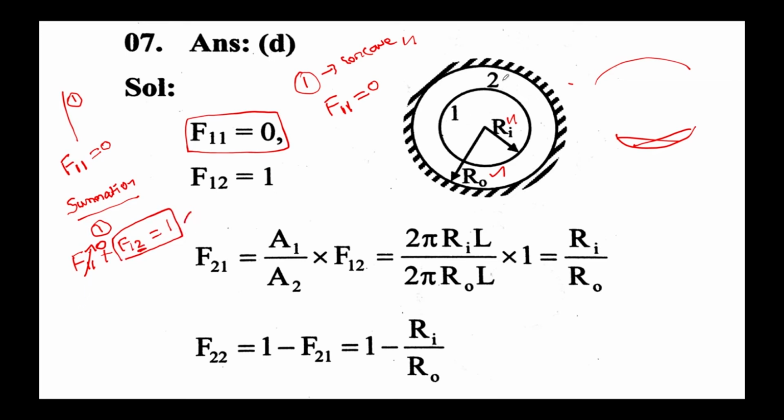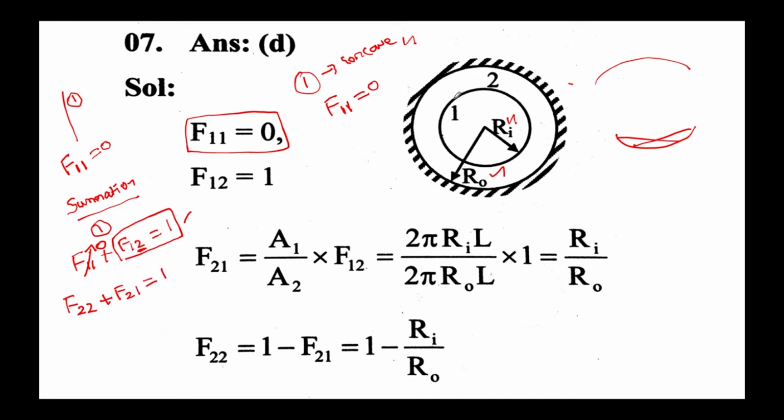Now let's move on to the second surface and apply the summation rule. The fraction of heat leaving from the second surface can either fall on the same surface, since it is convex, or it might fall on the first surface, and the sum of these probabilities should be equal to 1.